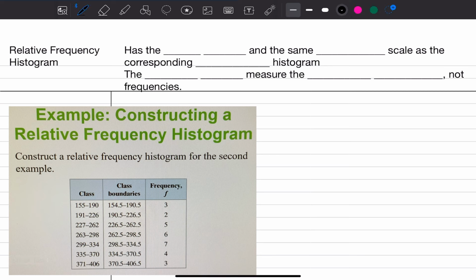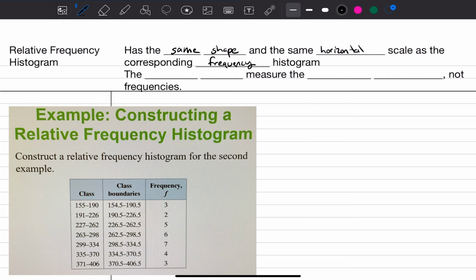Relative frequency histogram. This has the same shape and the same horizontal scale as the corresponding frequency histogram.